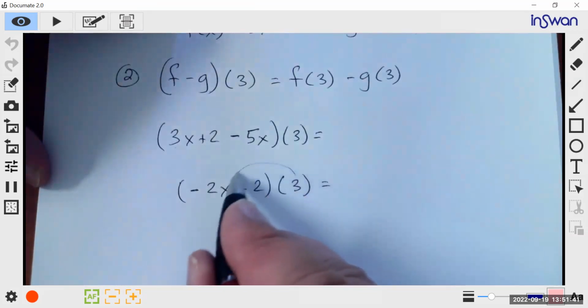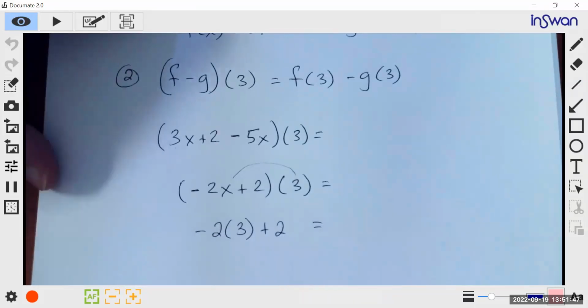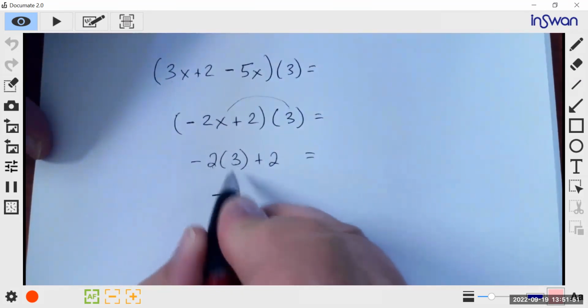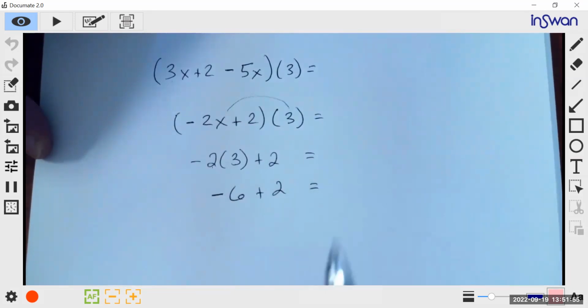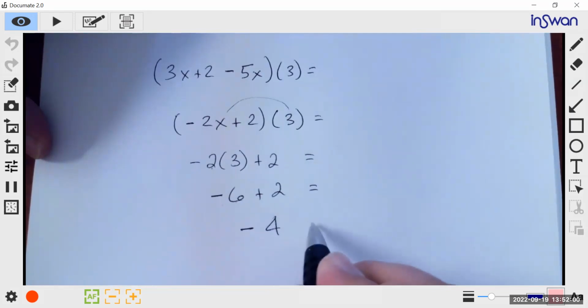So now I put 3 in place of x. Negative times positive is negative. 3 times 2 is 6. Negative and positive, 6 is bigger. 6 minus 2 is 4. So the answer is negative 4.